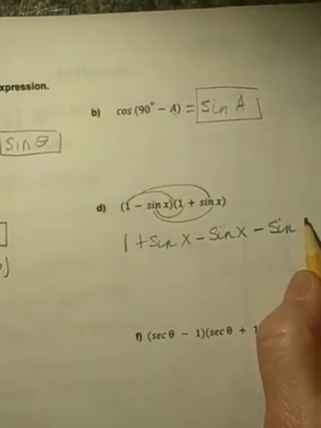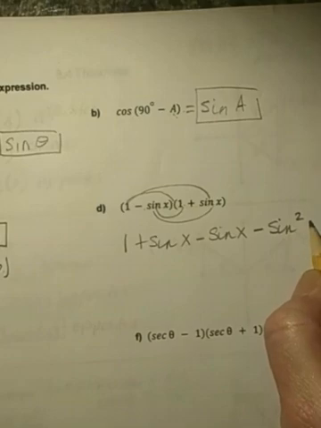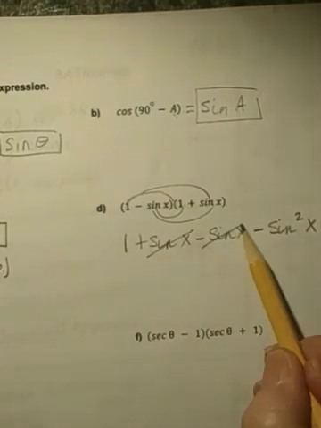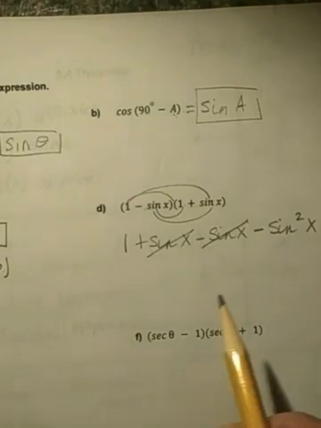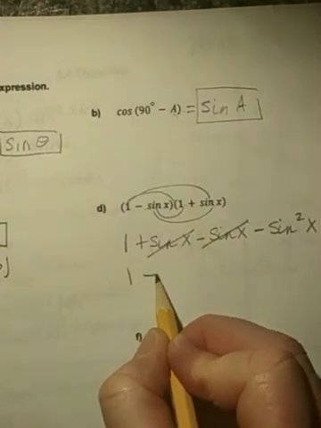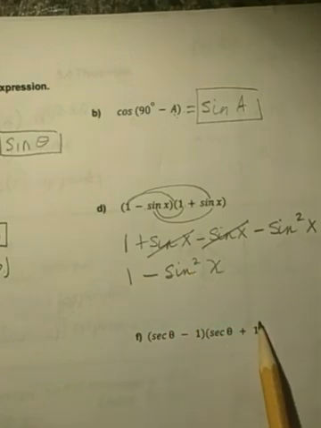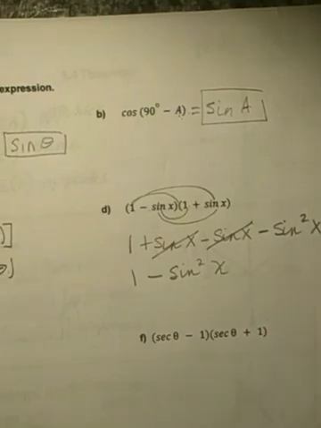Oh, you can't see what I'm writing. Oops. So negative sine squared of x. So positive sine of x and negative sine of x, they end up going away. So I end up with 1 minus the sine squared of x. Hey, this looks like the Pythagorean identity, something with cosine squared plus sine squared equals 1.